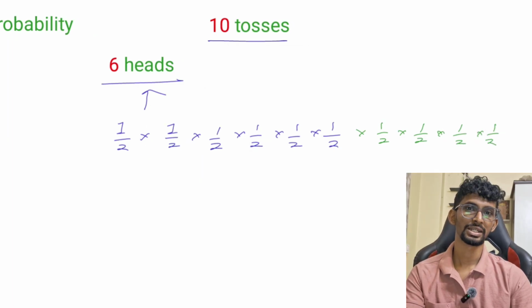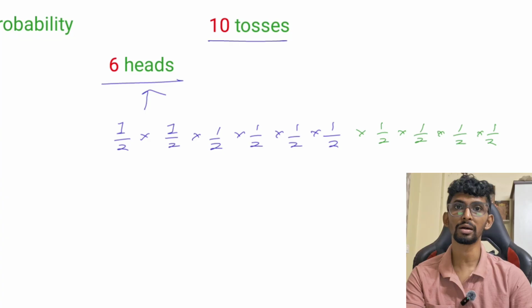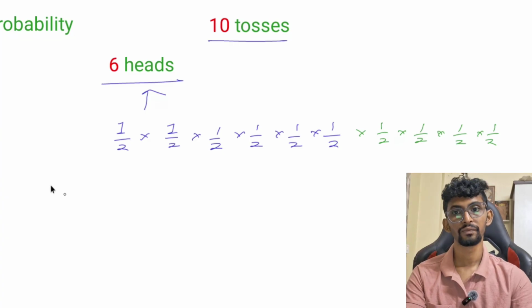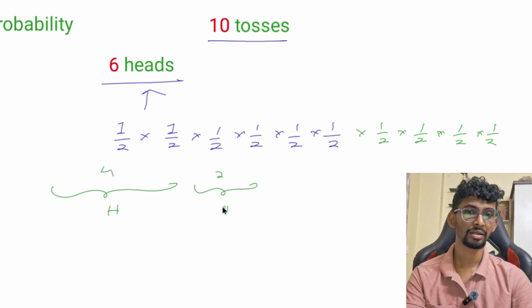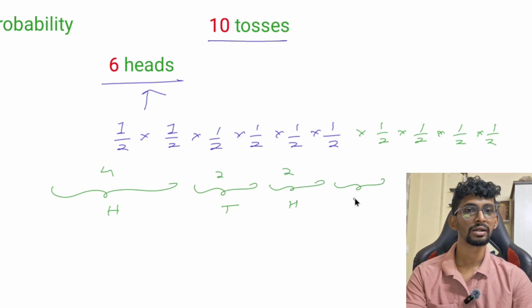Now think once. There are a total of 10 outcomes of those 10 tosses, and the arrangement can be different. That means there can be many combinations. For example, first 4 are heads, then next 2 are tails, then again next 2 are heads and last 2 are tails.